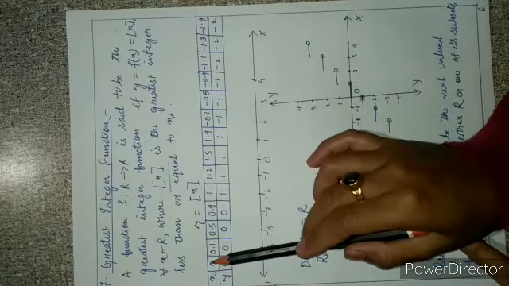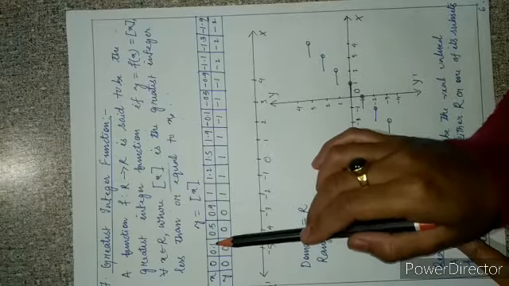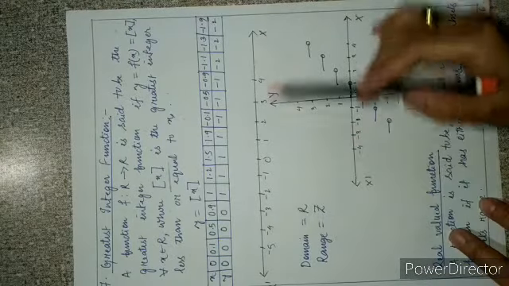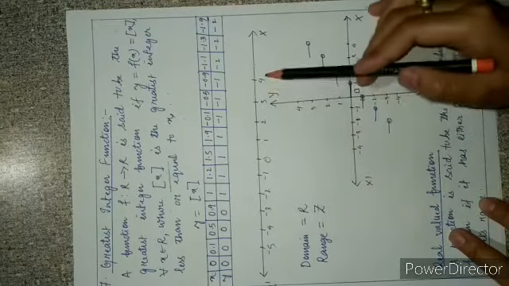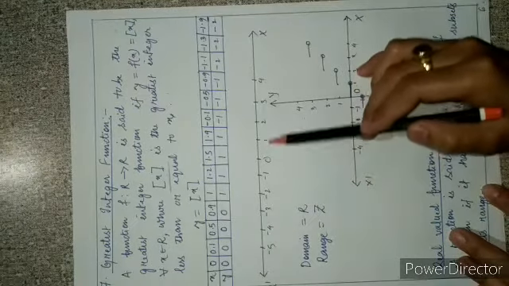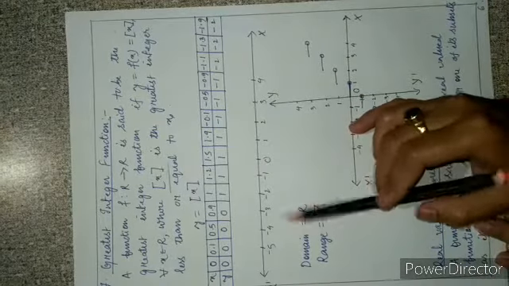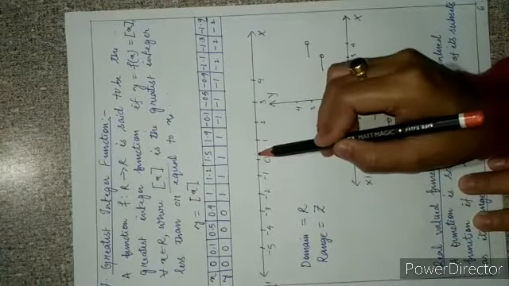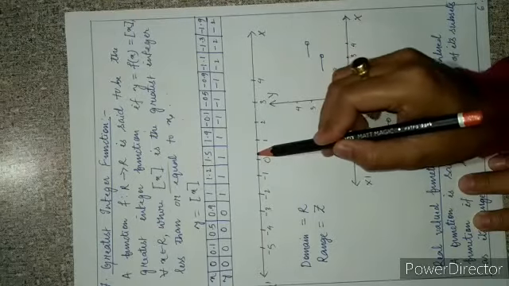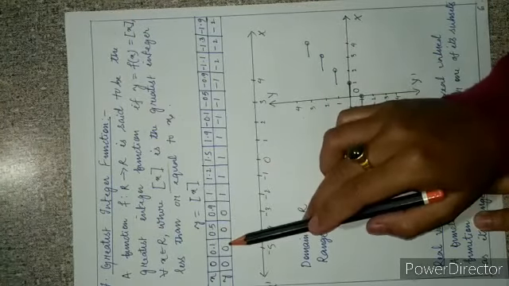In this case, if x is 0, then y is 0. If x is 0.1, then find the greatest integer less than 0.1, which is 0, so 0.1 is mapping to 0.